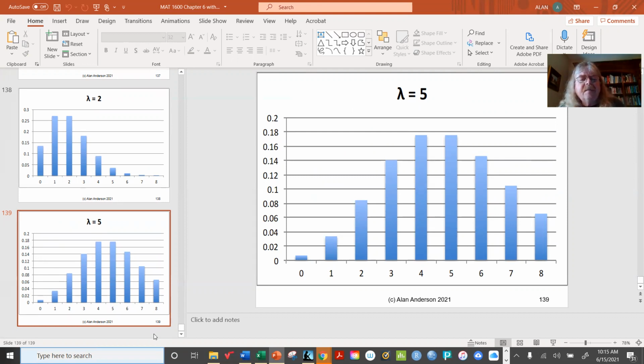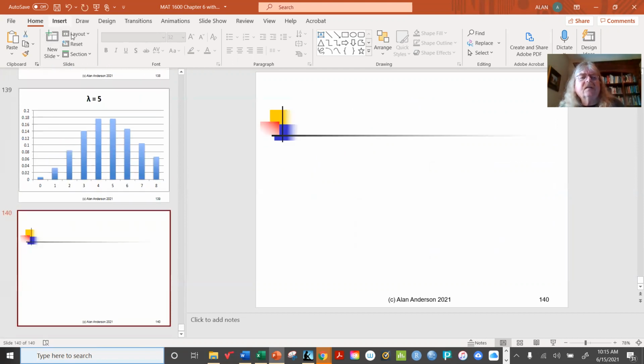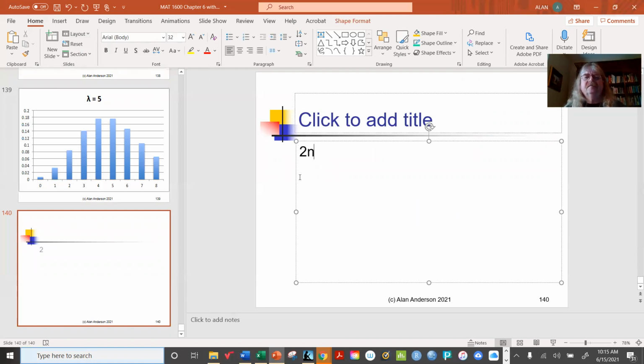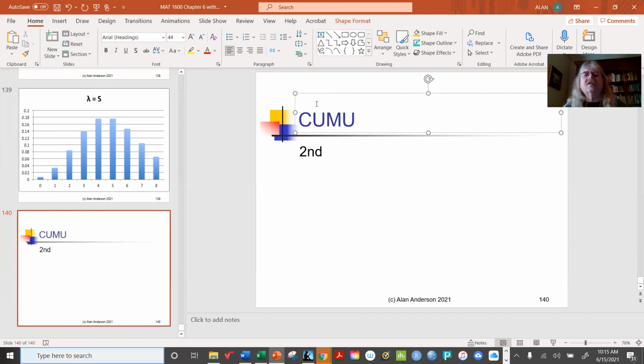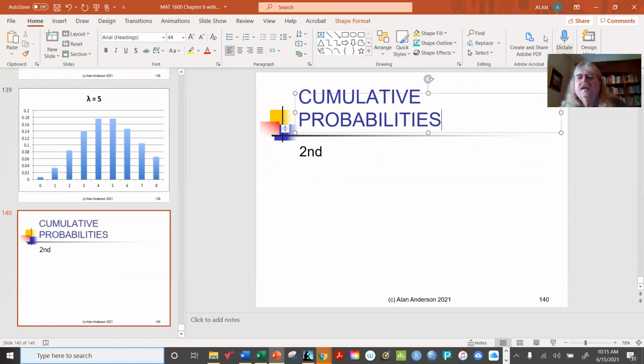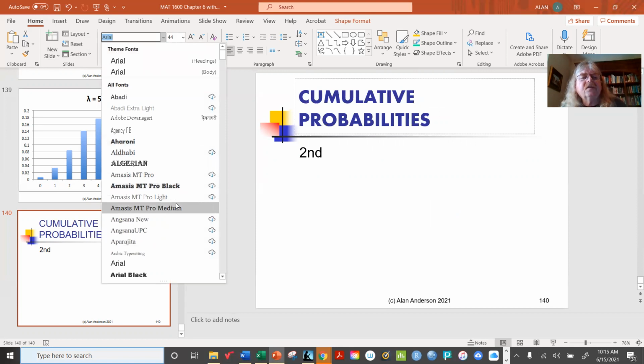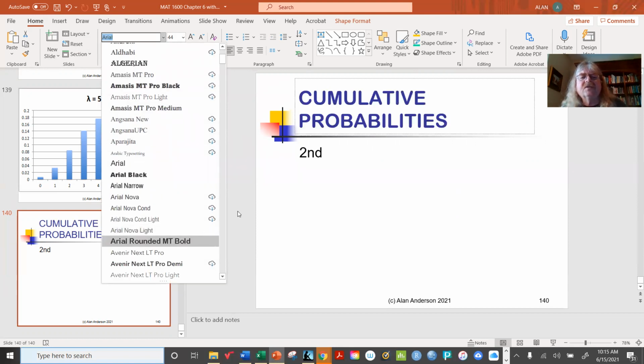Now, one thing I did not mention, which I wanted to, is if you look in the calculator under second VARS, you may have noticed when you look at that menu, it has a lot of different probability distributions.